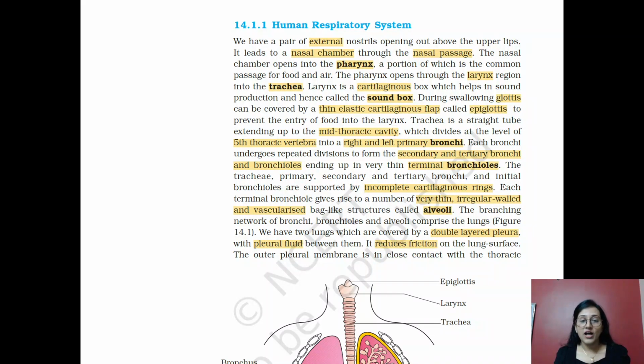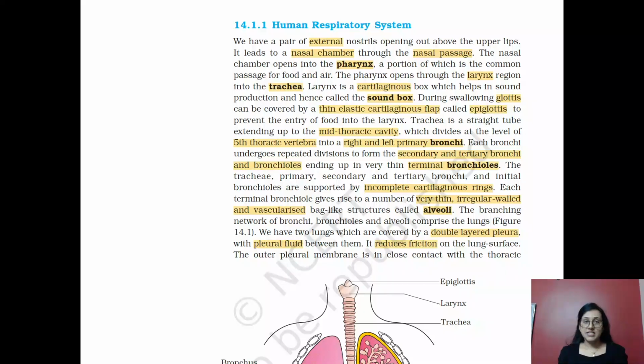Then during swallowing, the glottis can be covered by a thin elastic cartilaginous flap called the epiglottis to prevent the entry of food into the larynx. So imagine pharynx and larynx to be two parallel pipes which are present in our body. Through the pharynx, the number 1 pipe, the food goes to the stomach, and through the larynx, let's say number 2 pipe, the air goes to the lungs.